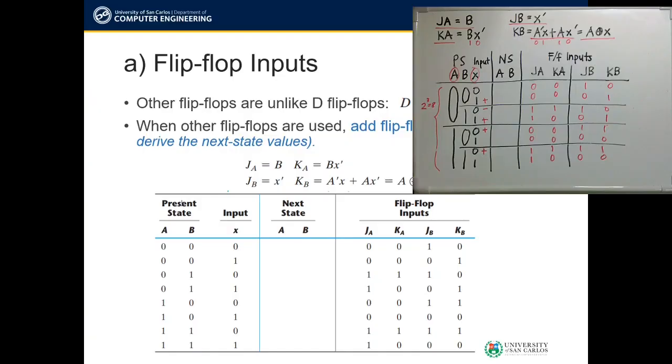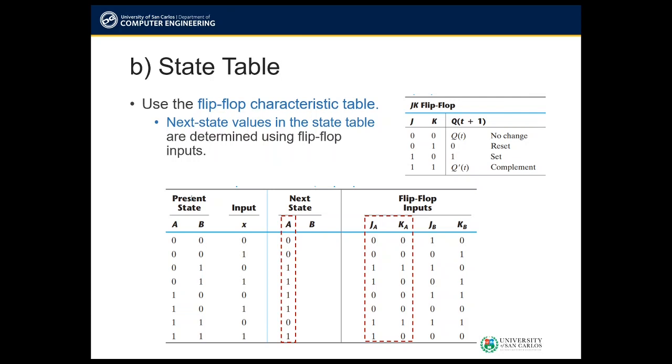This is just to briefly verify our recently filled out table. Once we have filled out the flip-flop inputs, we are ready for the next step. Here, we use the flip-flop inputs to determine the next state values. Since we are not using D flip-flops, we need to consider the flip-flop characteristic table. Let's pull out the JK flip-flop characteristic table.